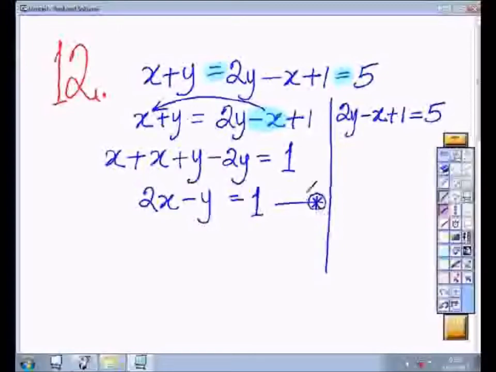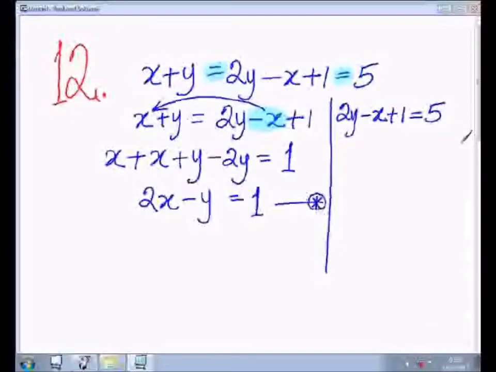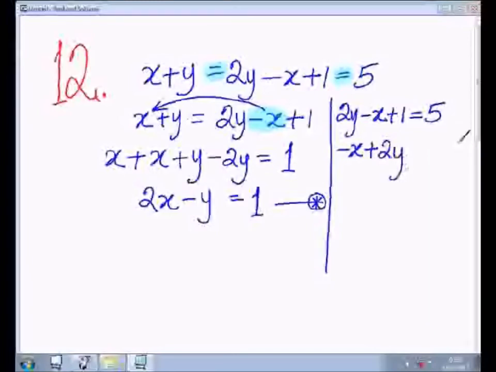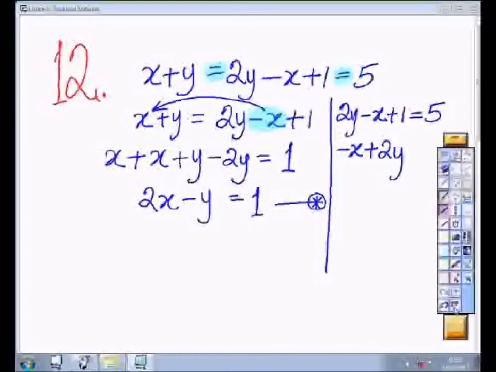Now we go to the right hand side and we have minus x plus 2y. What we are trying to do here is to write the x variable first, because that is what is on this left hand side. It is the x variable that is written first here.